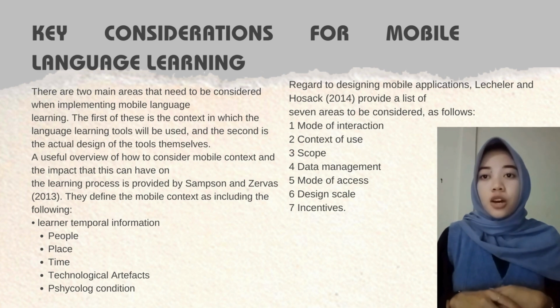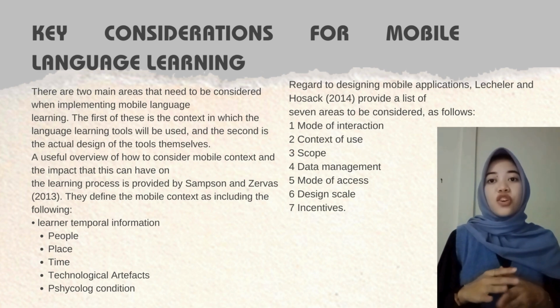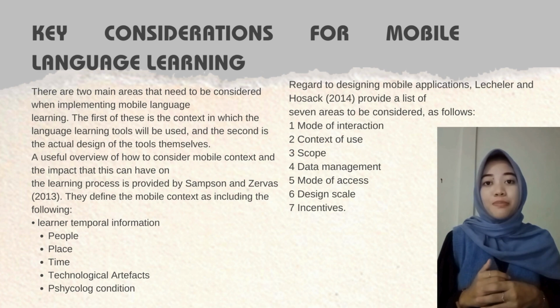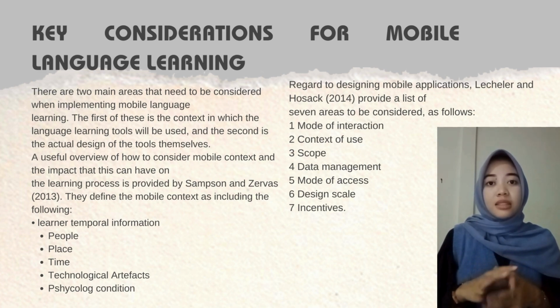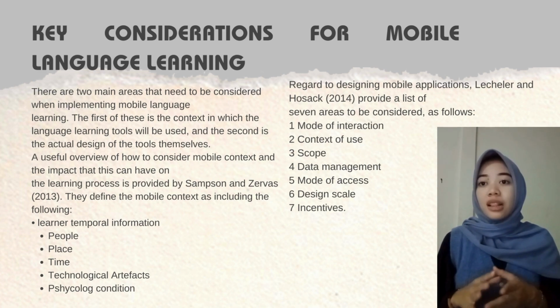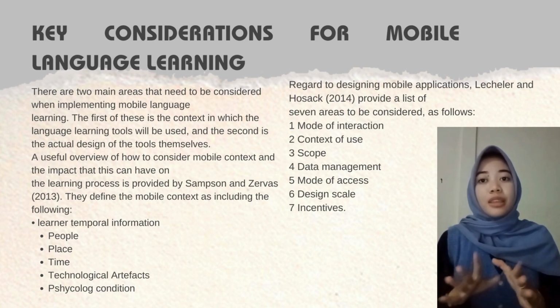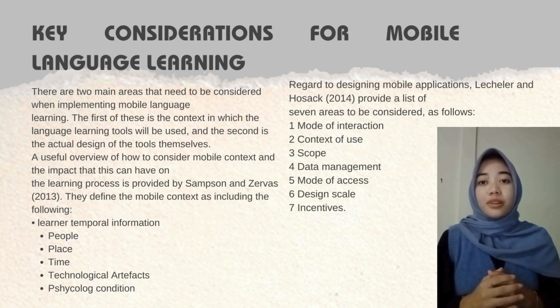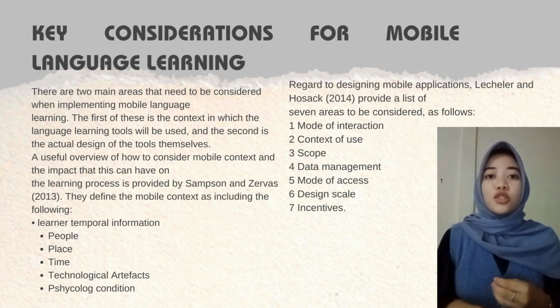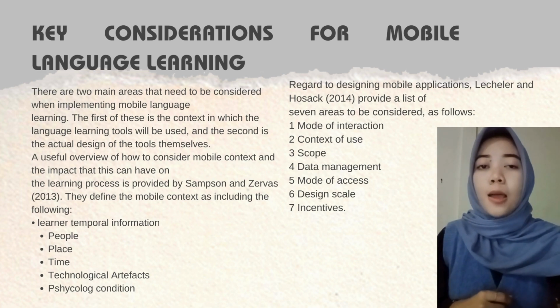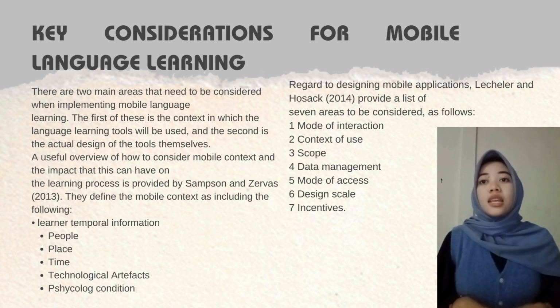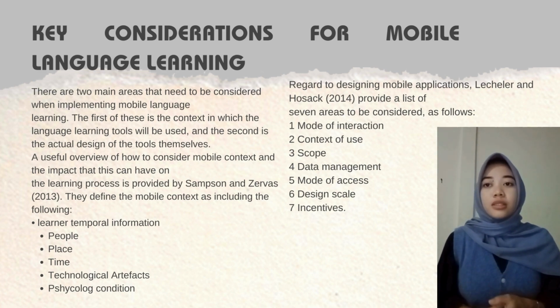A useful overview of how to consider mobile context and the impact that this can have on the learning process is provided by Sampson and Jervis. They define mobile contexts as including the following.